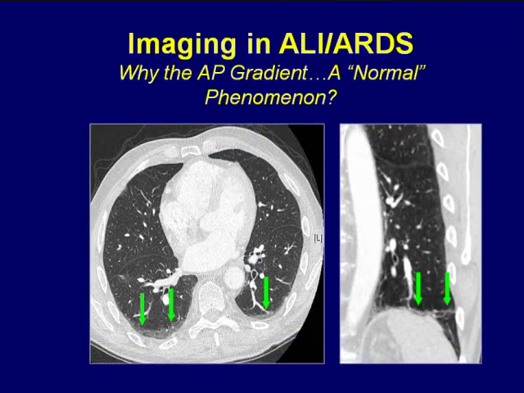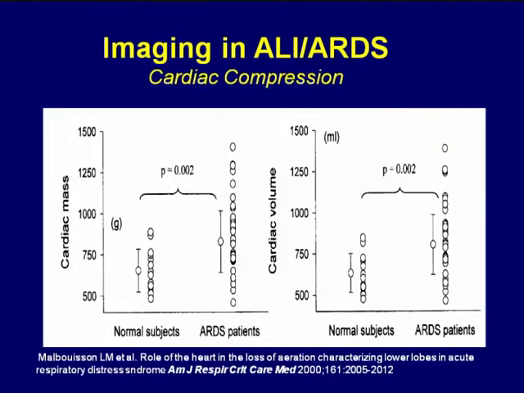And we see this every single day on CT, because we know that when we have patients in the supine position, we will get areas of increased density. These are also areas of atelectatic lung. It just so happens that in ARDS, this is an exaggerated phenomenon. And the heart might also contribute to this. So not only is the lung behaving like a sponge because it is wet, but also the heart becomes much heavier.